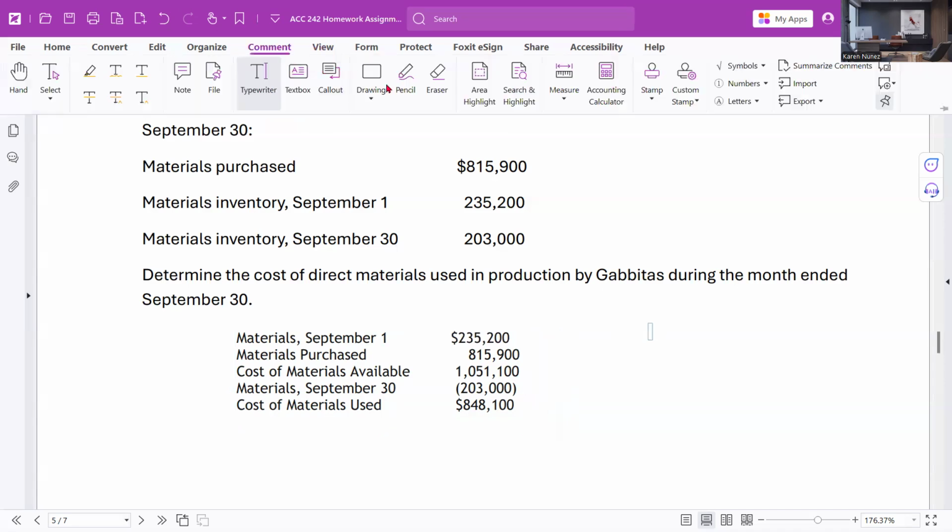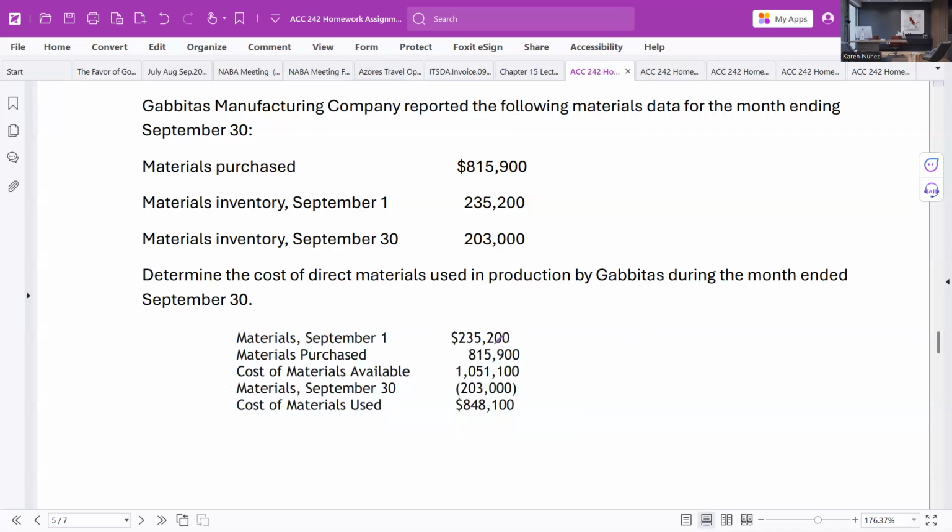We'll go with that. So what we've got here is the materials at the beginning of September, 235,200. And then we buy some materials. We've got purchases. When you take the beginning inventory plus what you've purchased, that leaves you with the cost of the materials that are available. So essentially, they started with 235,200.